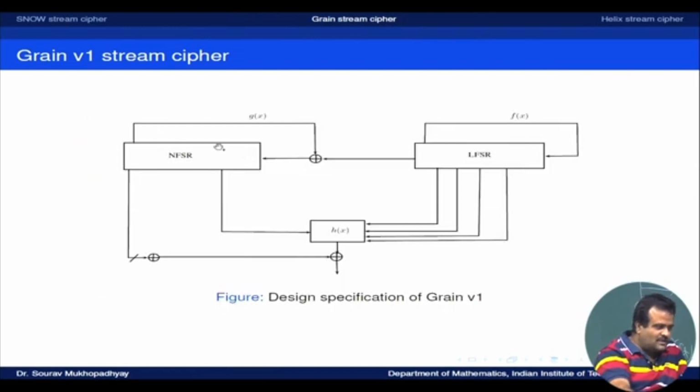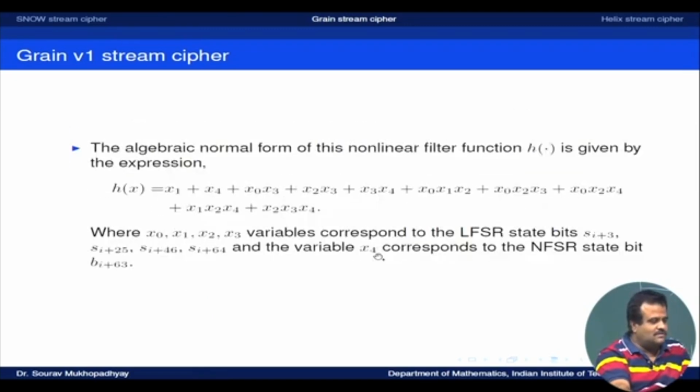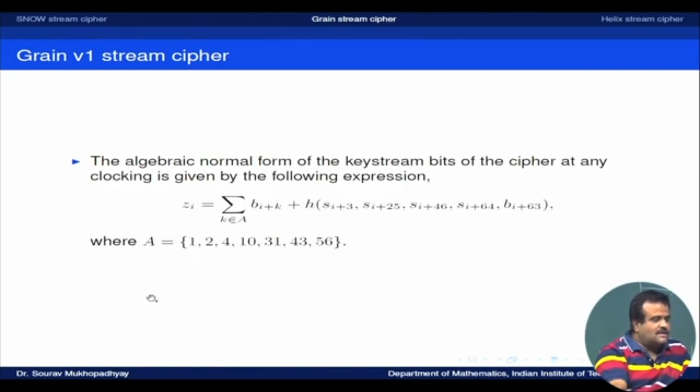Among these 80 bits, the 63rd bit is one of the inputs in H. So that is our X4, and this is also a nonlinear function. We have some nonlinear terms over here. So this is making us Z_t, the algebraic normal form of the key stream bit of the ciphertext after clocking.